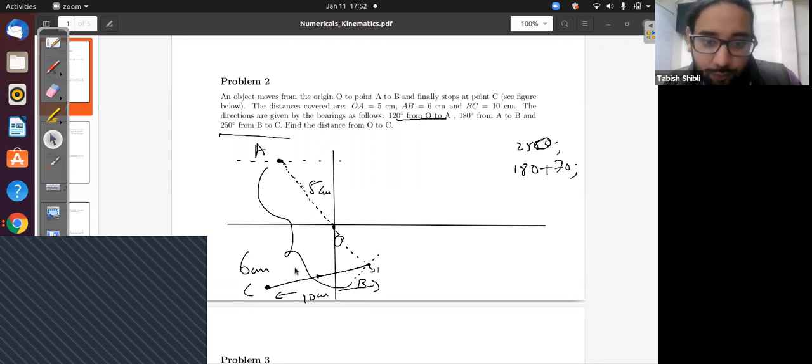Find the distance from O to C. You need to calculate this distance. Go ahead.